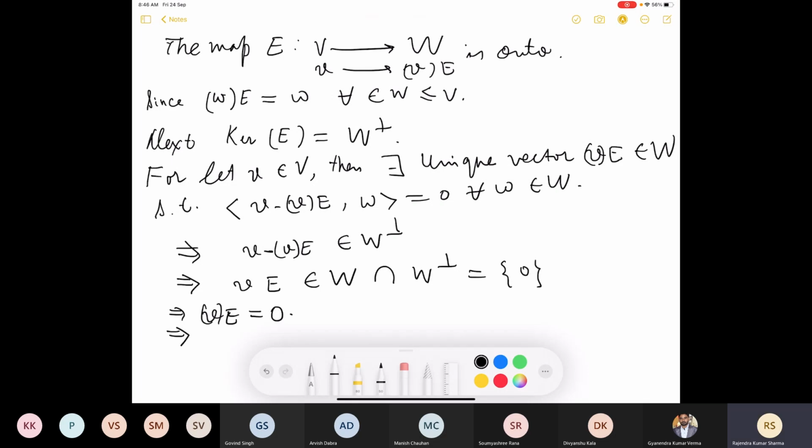So this V becomes in the kernel of E. And that makes that the orthogonal complement is contained in the kernel of E.